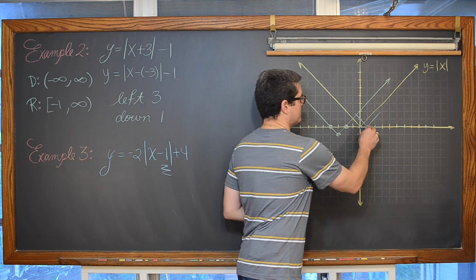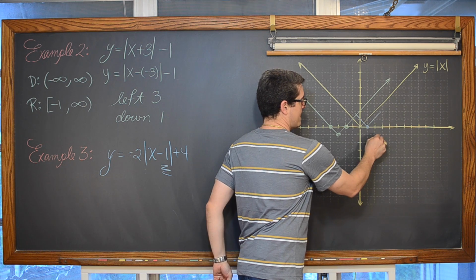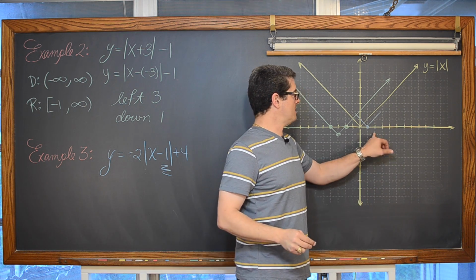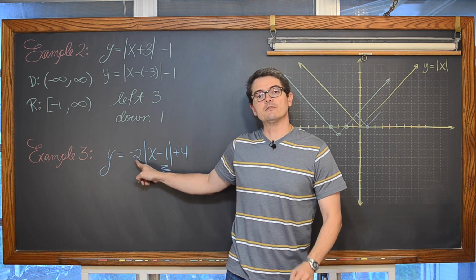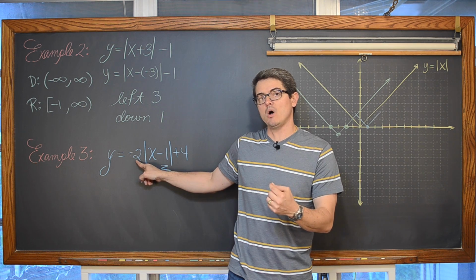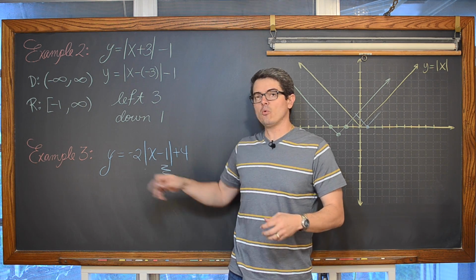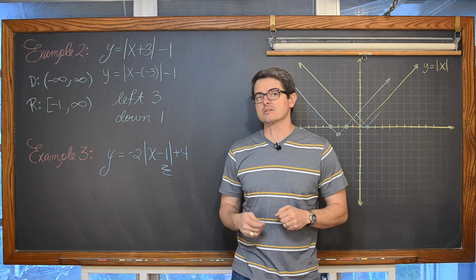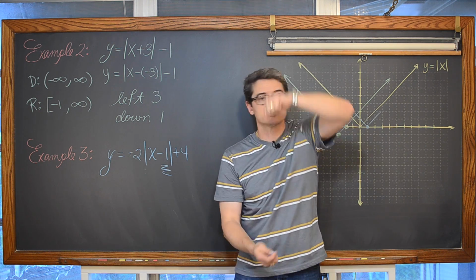And instead of going over 1 and down 1, because of that vertical stretch of 2, that a value is bigger than 1, it's going to make all the points twice as far from the x-axis. It's literally just going to vertically stretch it out.